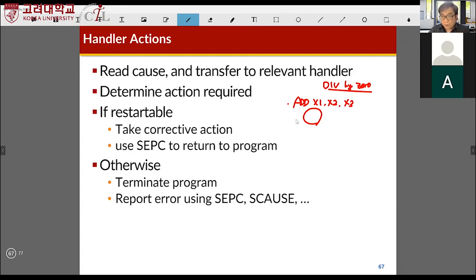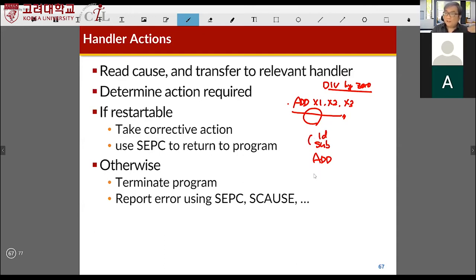So when an exception happens, the processor is executing a certain instruction. Let us assume that the exception happens at this add instruction. Then in the pipeline, the processor is executing other instructions. There is the add, and you can find the preceding instructions like sub and load.